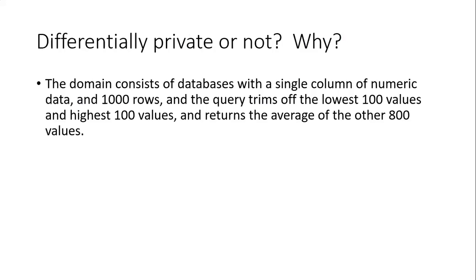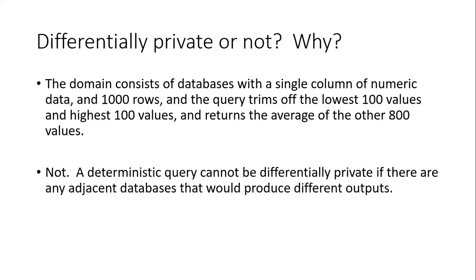Yeah, absolutely. So the way that I stated this, definitely not, because it's a deterministic query. I didn't say anything about adding any sort of noise. And the only way a deterministic query can be differentially private is if it outputs the same exact value for any two adjacent databases.